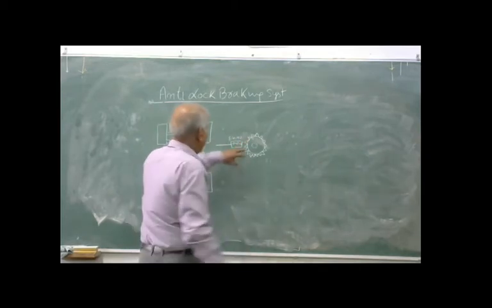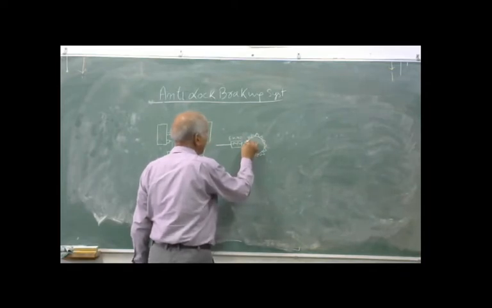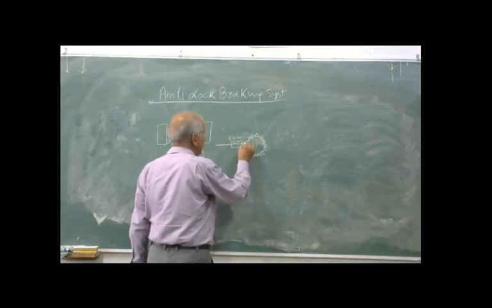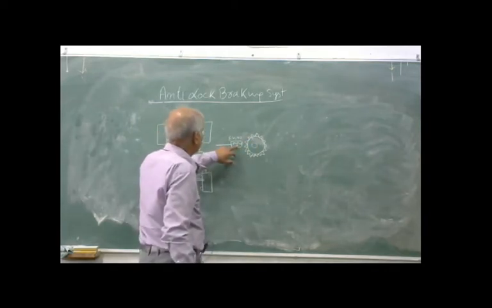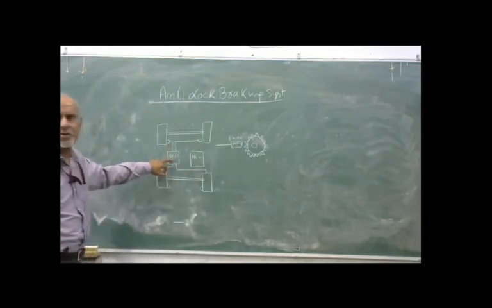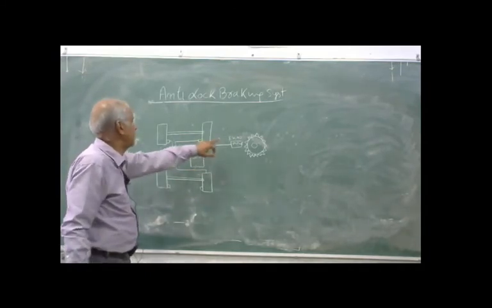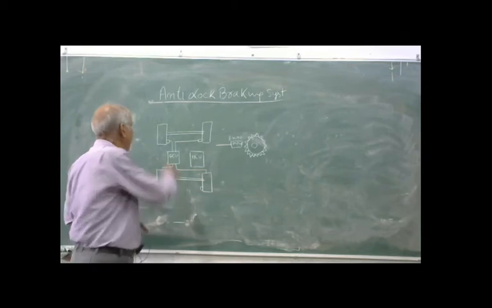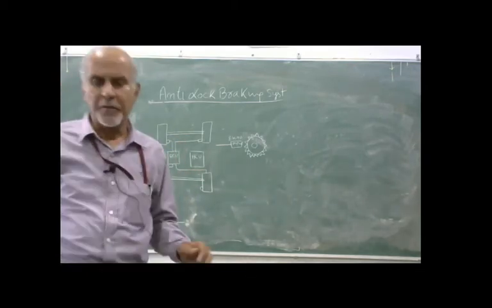What happens when it rotates? There is a change in the flux. When the tooth comes and when the empty space comes, there is a change in flux. This change in flux is transmitted through the sensor, through the electric wire, to your ECU, electronic control unit, and the electronic control unit reads the speed of the wheel. So there are four wheels, all having four sensors which are connected to the electronic system.